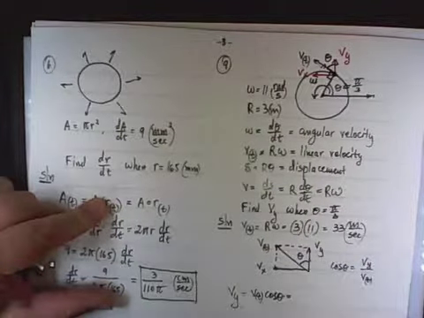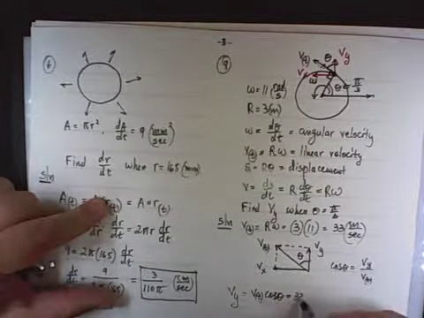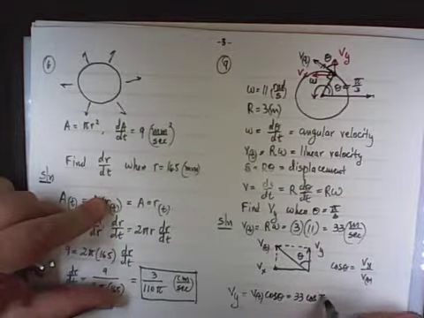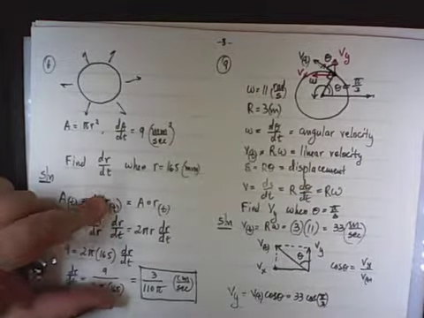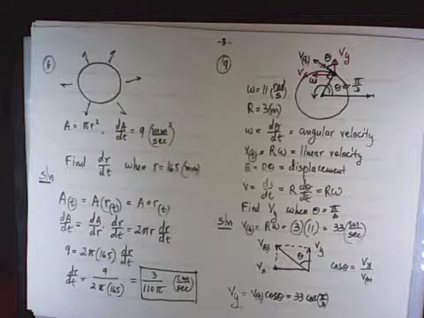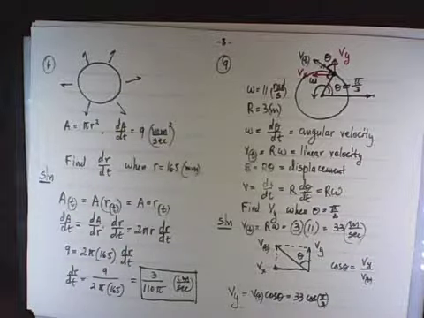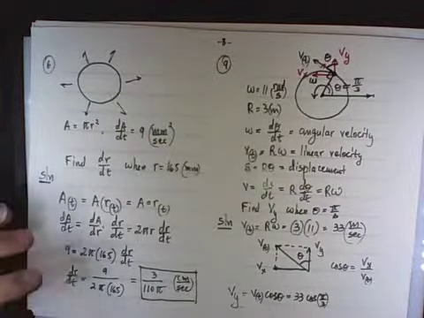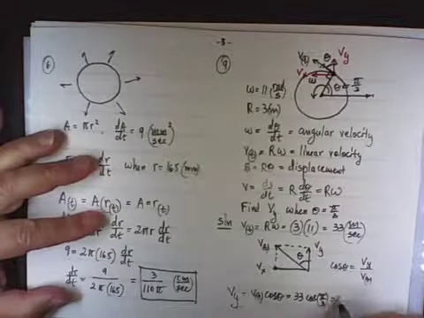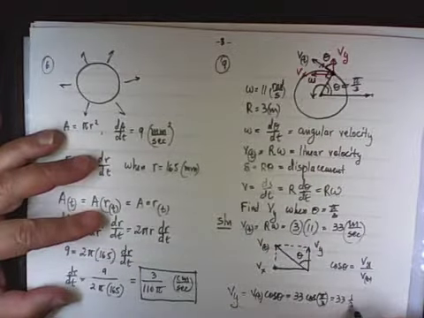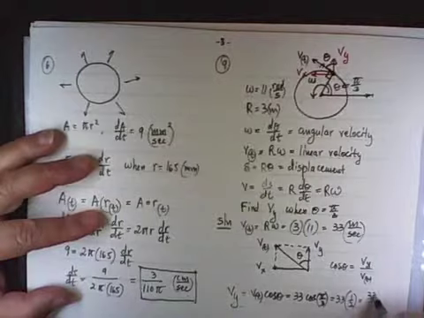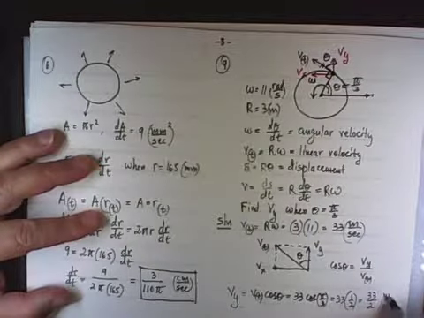And now the numbers. V of t is 33. Cosine of pi over 3 is the same as sine of pi over 6. Cosine of 60 is the same as sine of 30. It's 1/2. So we are looking at 33 times 1/2, or 33 over 2 meters per second.